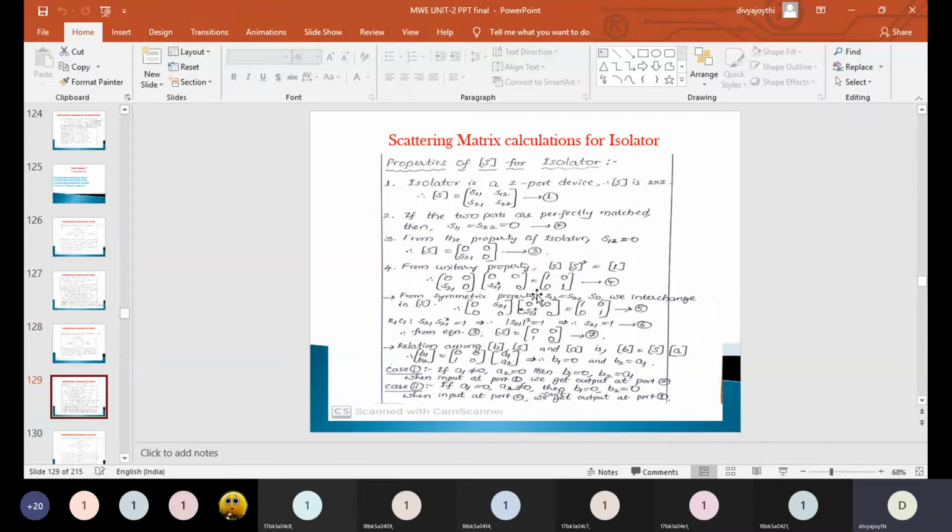So moving on to the properties of the S matrix for the isolator. As it is a two-port network, the S matrix for the isolator will be a 2 by 2 matrix. If you assume that both ports are perfectly matched, then S11 and S22 are going to be zeros. And from the property of isolation, S12 is equal to 0.